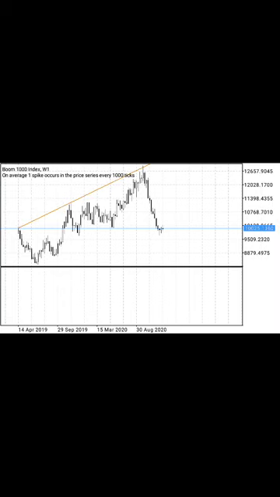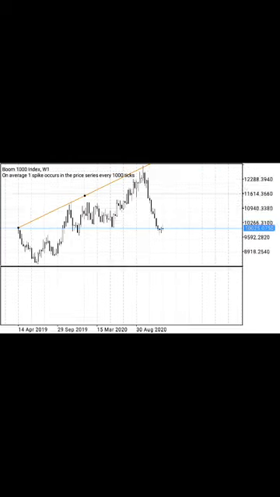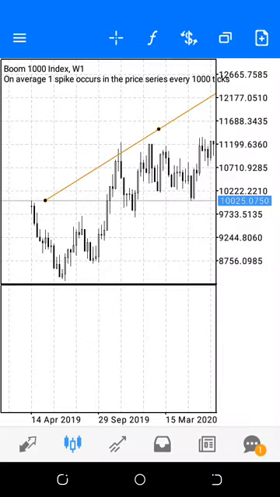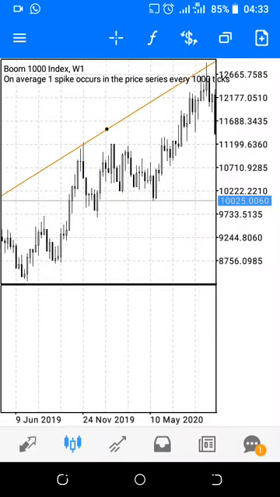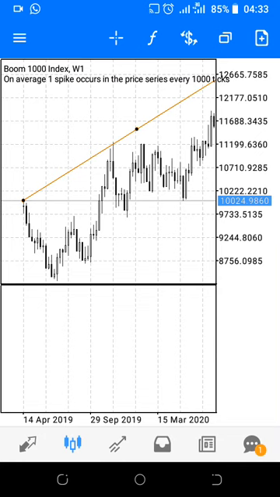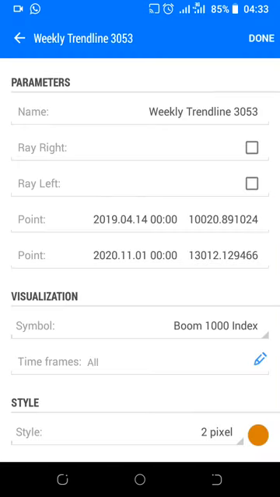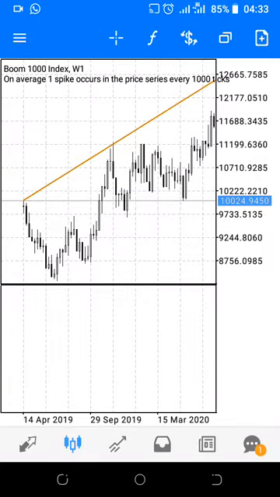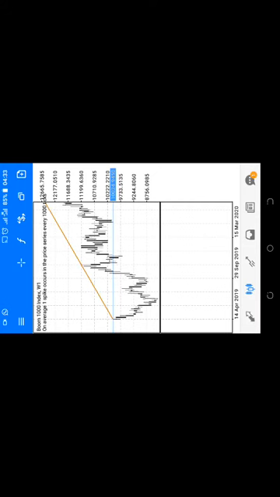Alright, we just got that point. Let me increase the number of pixels. Alright, so I can make it 3 pixels. Alright, so that makes it a little bit more broad.